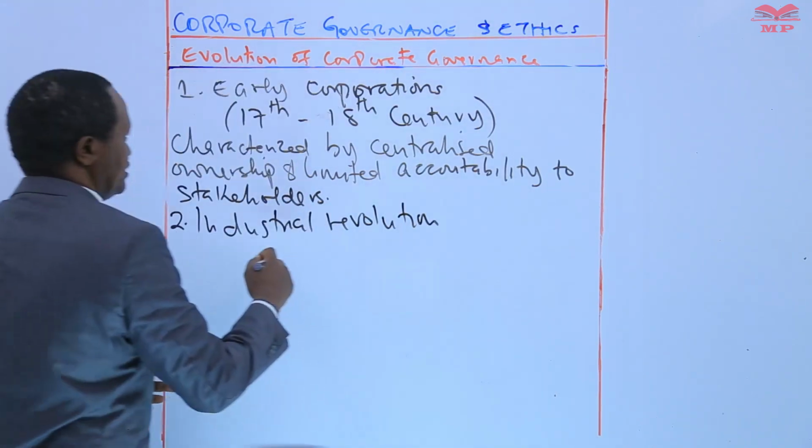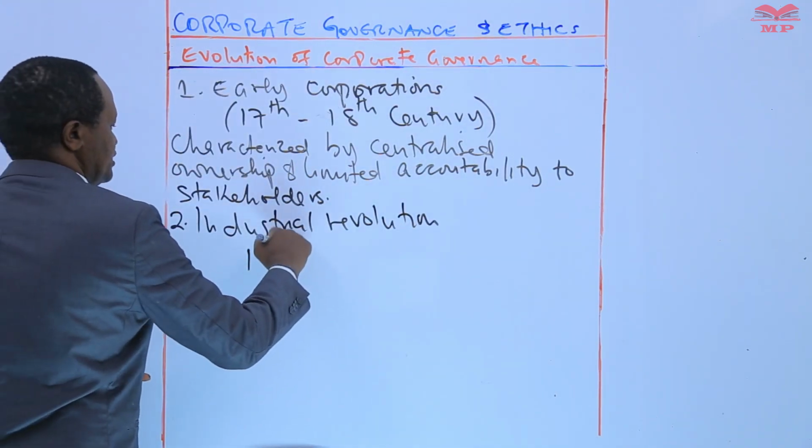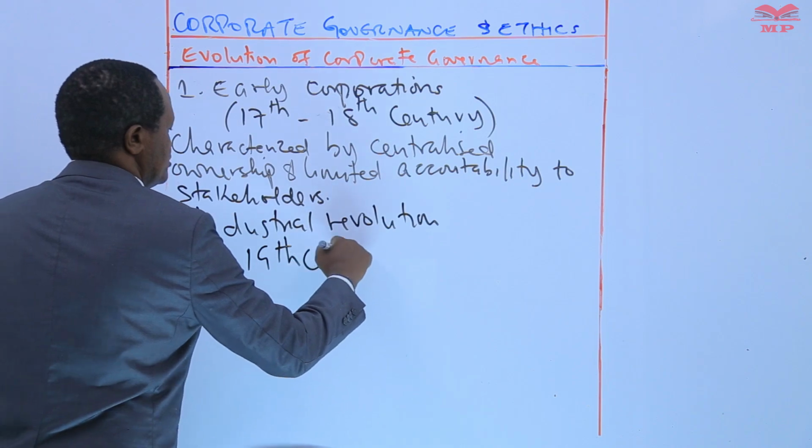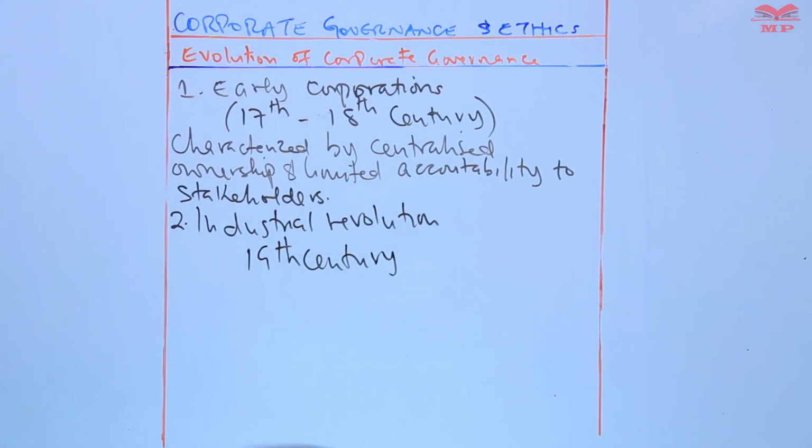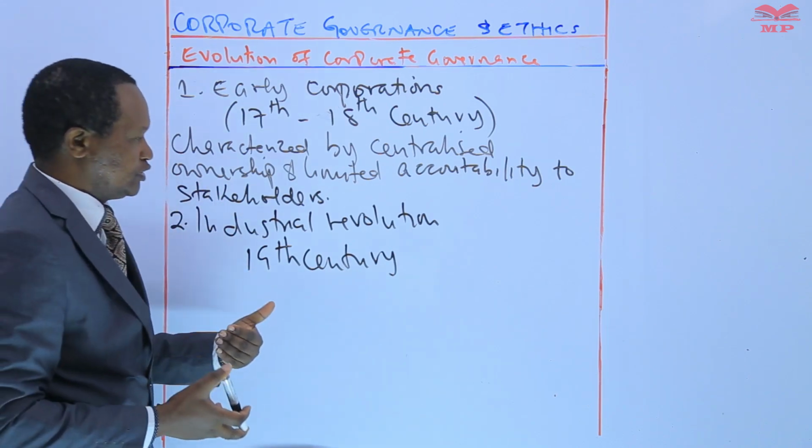This is the 19th century. The Industrial Revolution began happening in the 19th century that led to the growth of large-scale corporations.